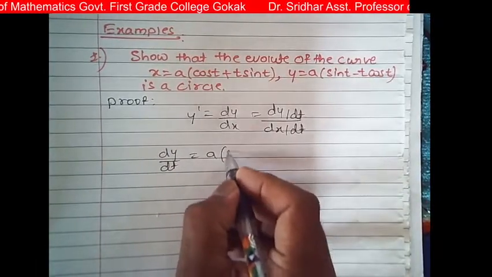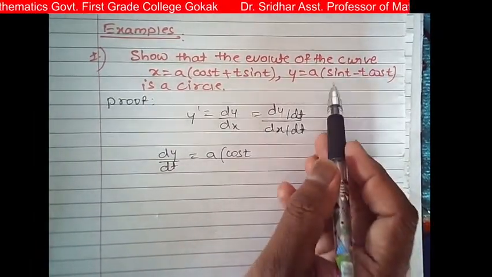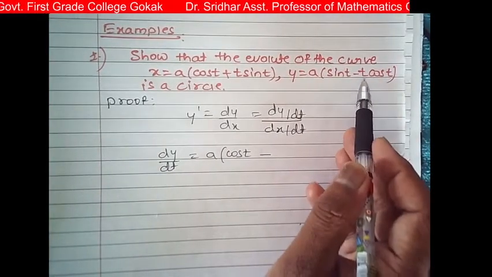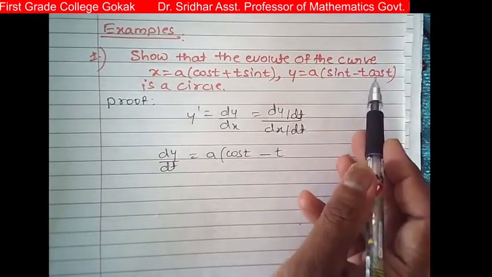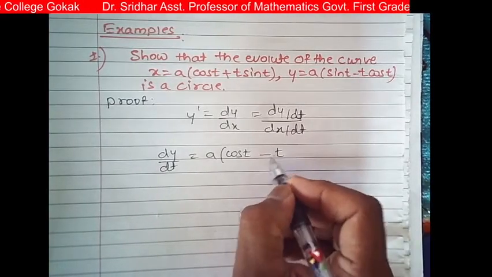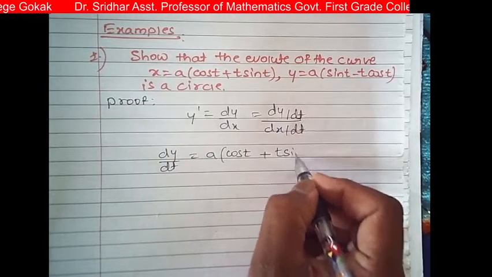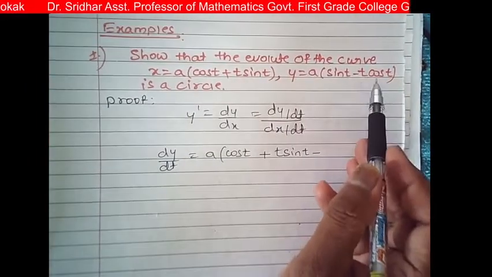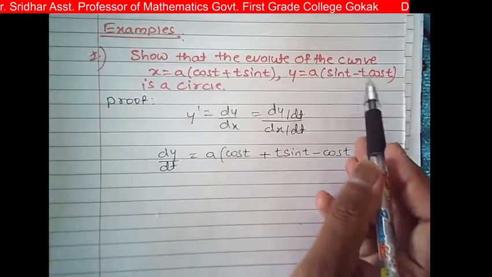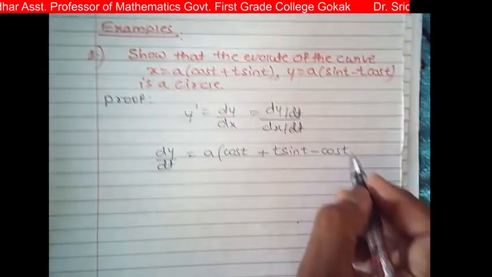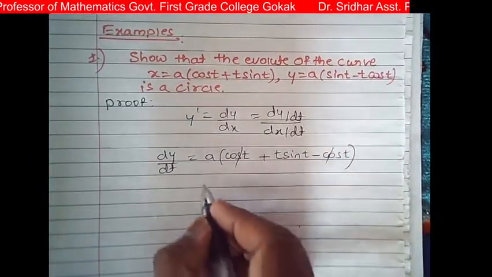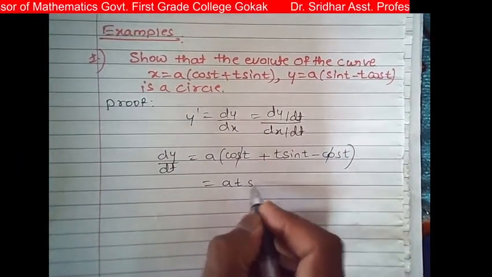So a into differentiation of sin t is cos t, then minus t into differentiation of cos t, here we have to apply product rule, differentiation of cos t is minus sin t, that's minus becomes plus sin t, then again minus cos t as it is, differentiation of t with respect to t is 1. So here plus cos t minus cos t get cancelled, which is a t sin t.